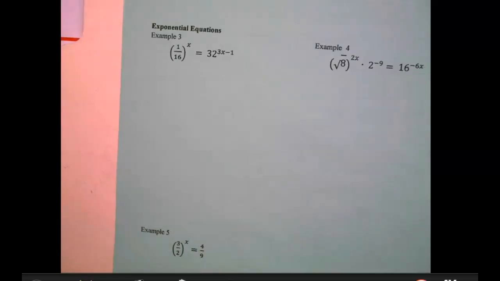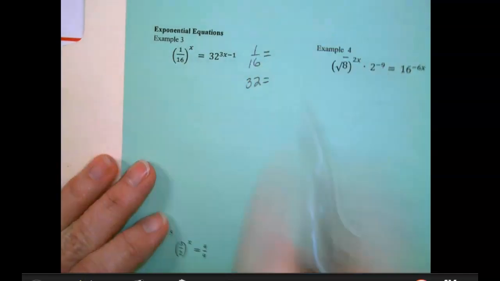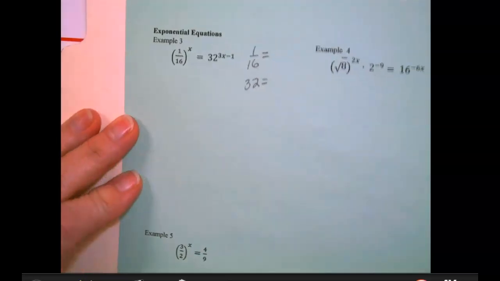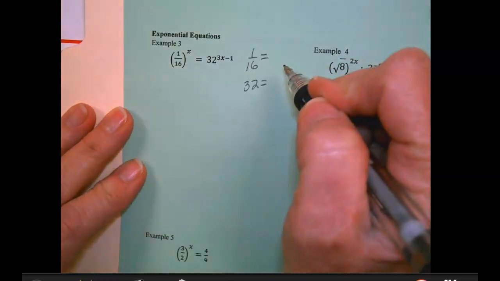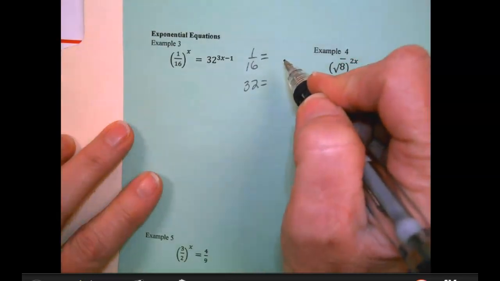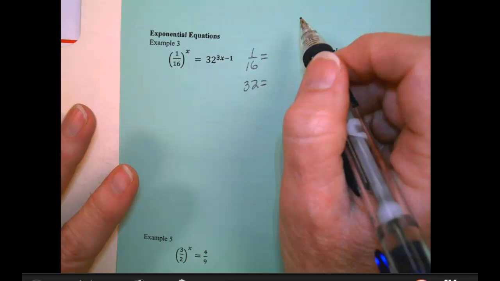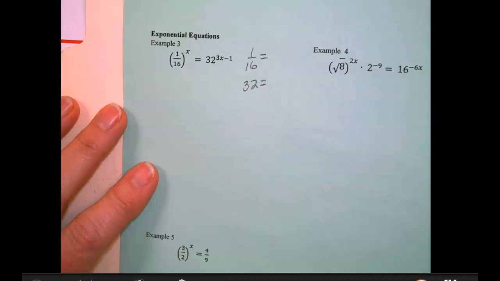All right, y'all try example 3. You have to do what I just did. We have to do the 1/16 and we have to do the 32. Micah, what did you get for 1/16? 2, look at me. 2 times 2 times 2 times 2.